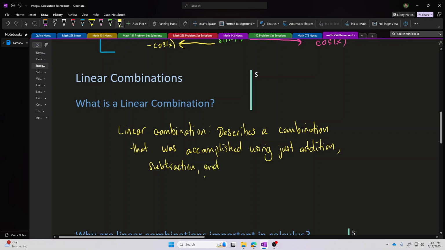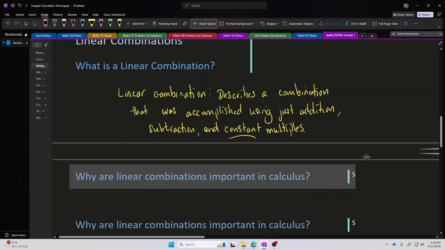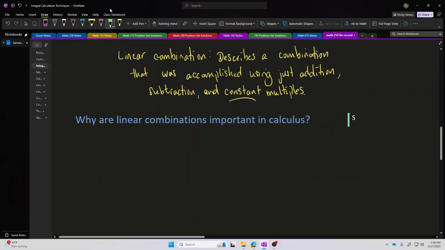Just addition, just subtraction, and just constants multiplied. And the reason why linear combinations are so important in specifically derivative and integral calculus is that linear combinations of toolkit functions are extremely easy to deal with because of the sum rule, the difference rule, and the constant multiple rules for derivatives and integrals.